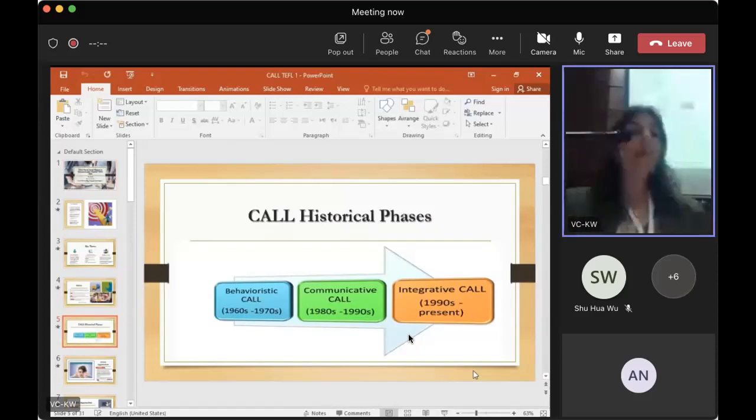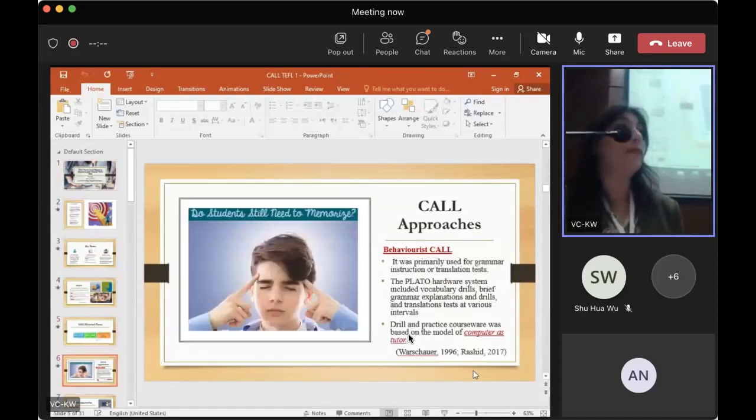So we have the behavioristic poll, we have the communicative poll, and now we are using the integrated poll. That, as I told you, is not a new concept. It went through different developmental phases. It started as some drills and practices on the computer, where the learner uses the computer as a tutor.